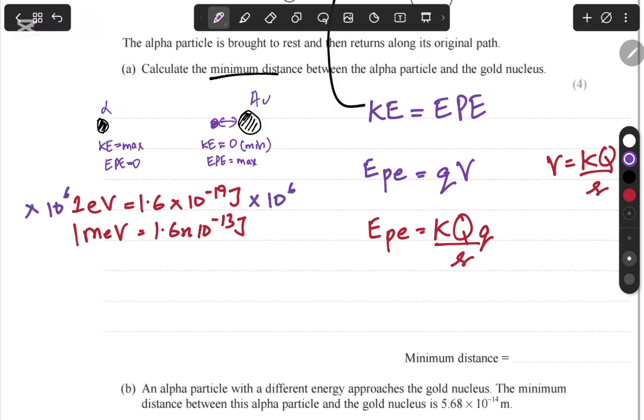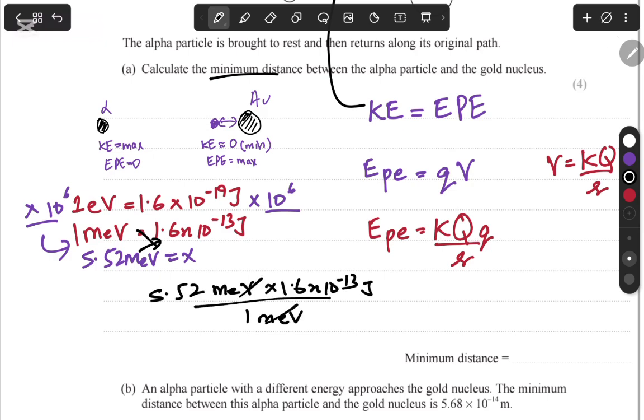Now we can solve this equation for finding how much energy is in joules for 5.52 MeV. We just cross multiply and solve, and we should get the energy as 8.832 times 10 to the power of minus 13 joules.